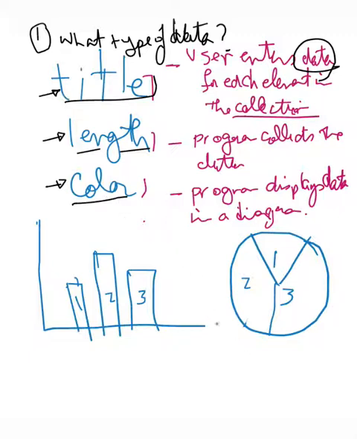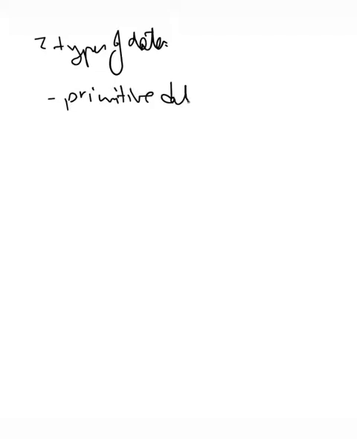We talked about primitive data, and there are 8 of them, 4 for integer and 2 for decimal points, 1 for boolean, 1 for character. And then we talked about user-defined data.